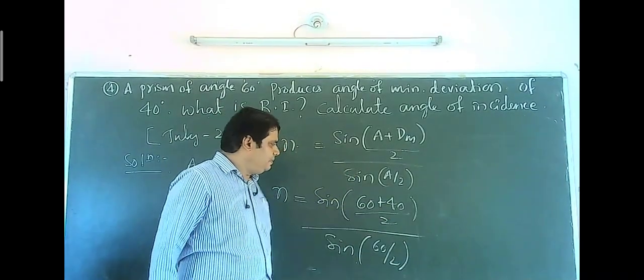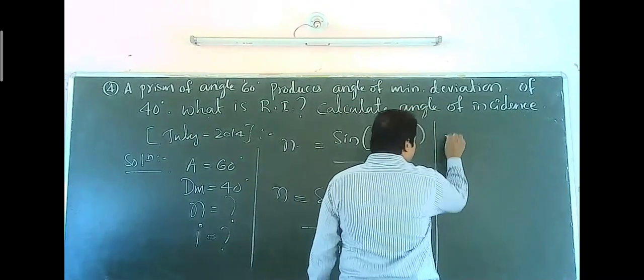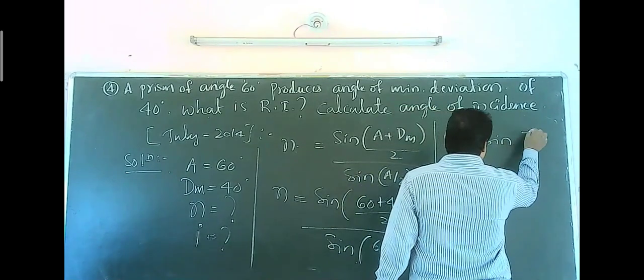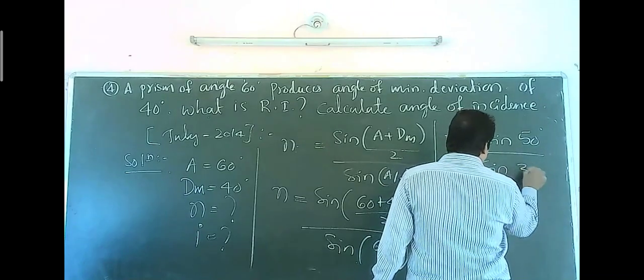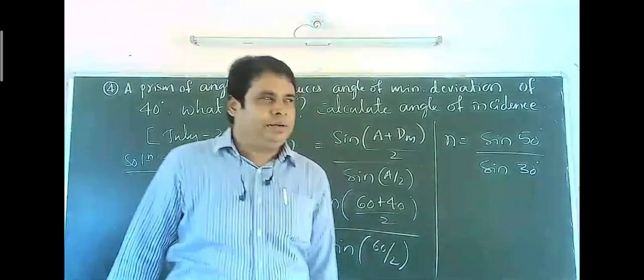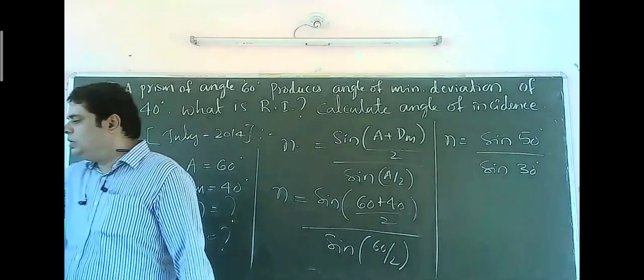This is sin 100 divided by 2, that is sin 50, divided by sin 30. We know sin 30 is 1 by 2, equal to 0.5000.